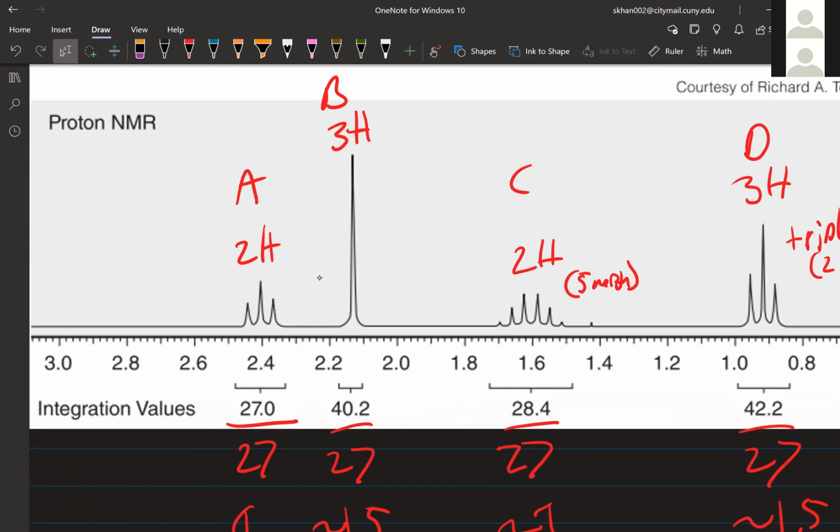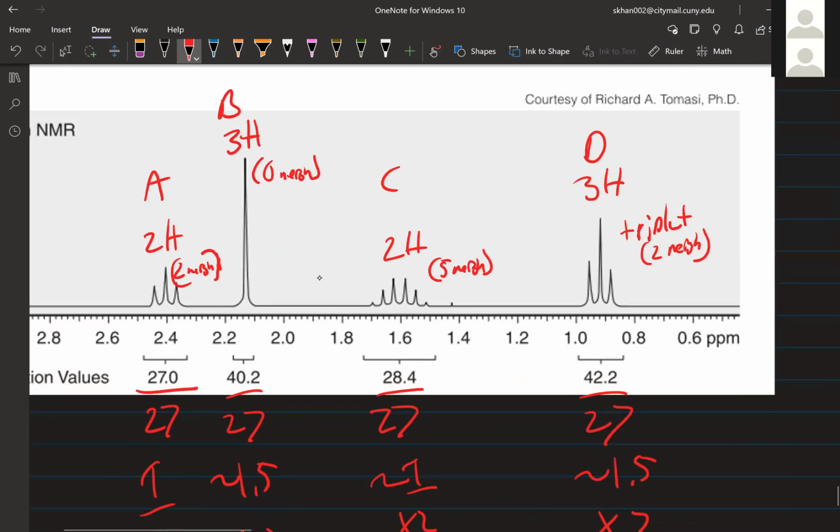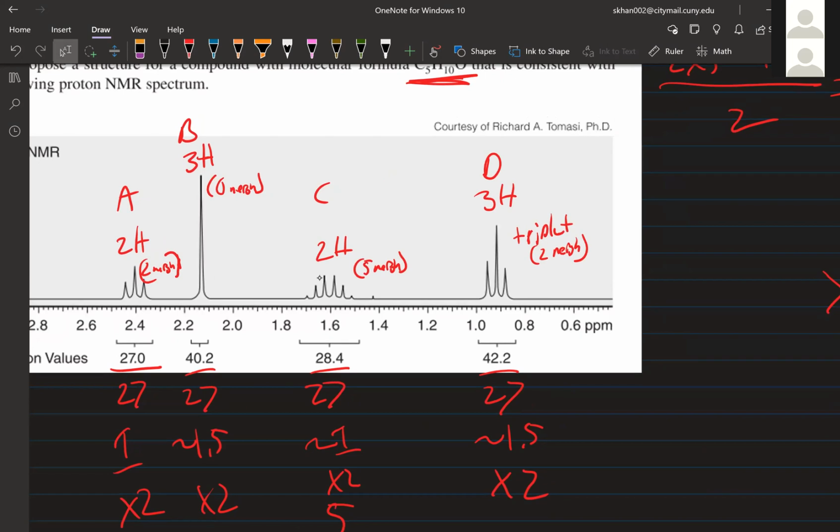How many unequivalent neighbors? 0 neighbors. And what about this one? This is a triplet, so this is 2 neighbors. Now we have a good idea of what's next to what.